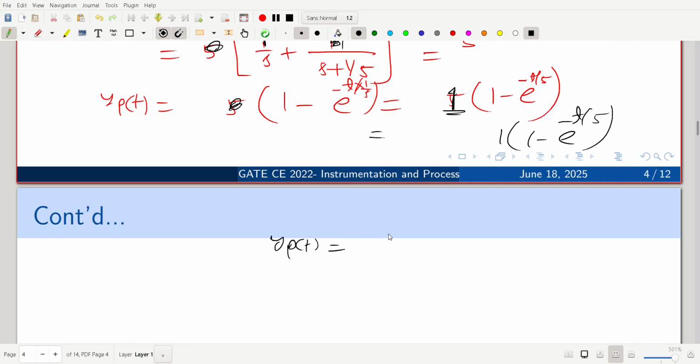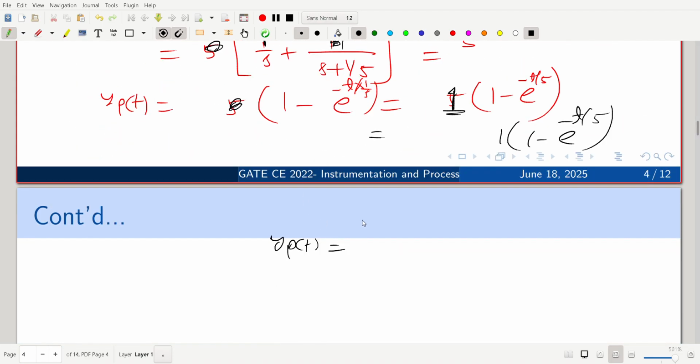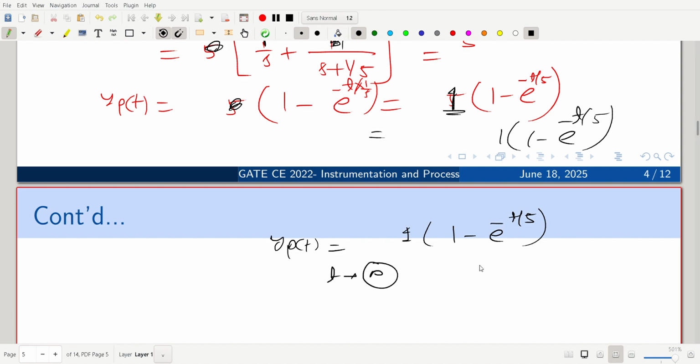Okay, no problem. So here, if you apply the final value theorem in the time domain, then t tends to infinity, right?